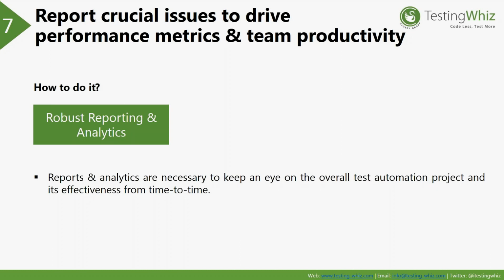This brings us to our 7th item on the list, and the most important, which is report crucial issues to drive performance metrics and team productivity. So great, you have implemented an automation script, you have the ability to test your application, but how data-driven are you?